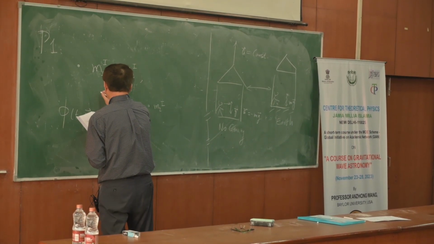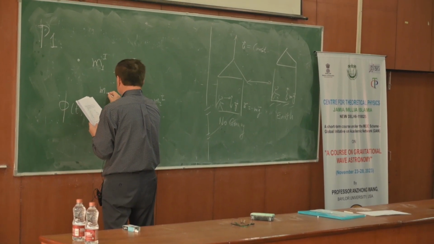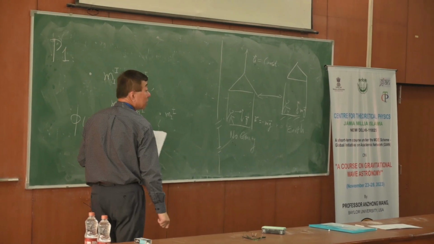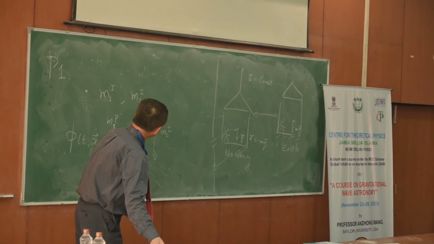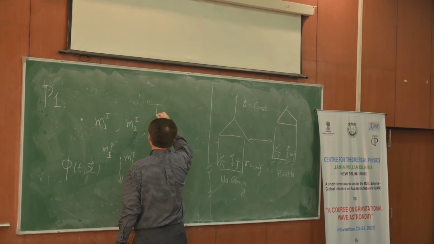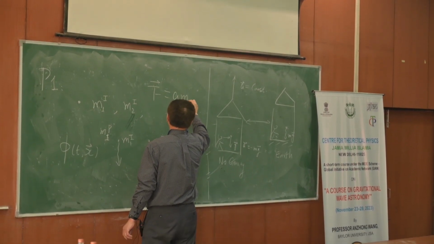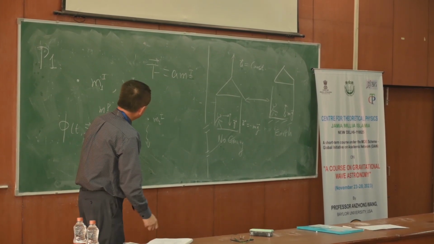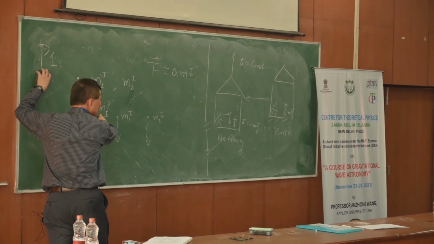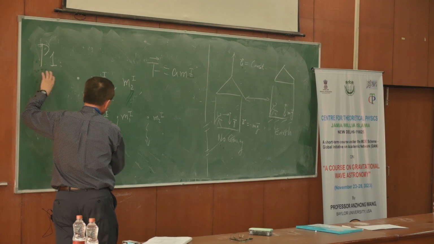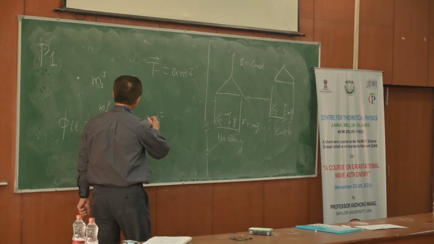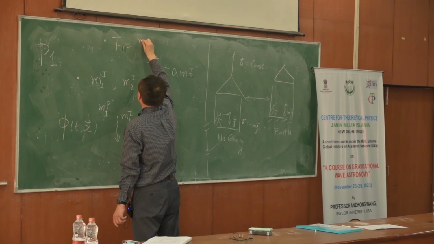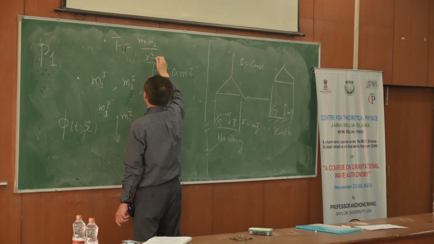But each of them also has a positive mass, which means that, for example, when we have F equals M A, this M should be the inertial mass, right? But if this guy is in a gravitational field, there is some gravitational force, when we consider F equals M1 M2 over R squared.